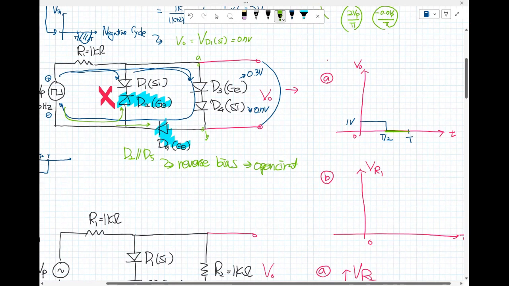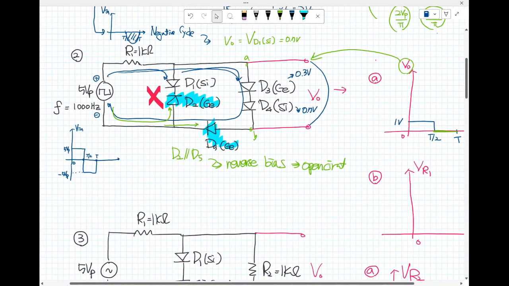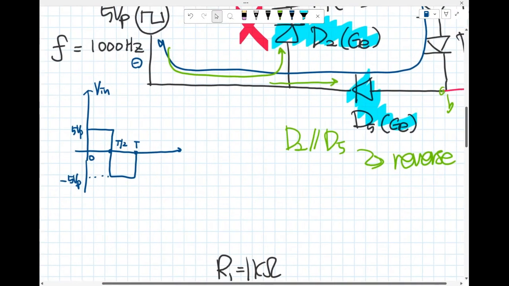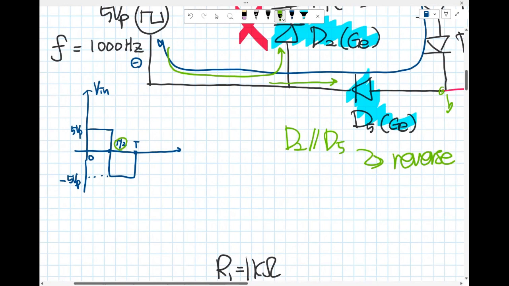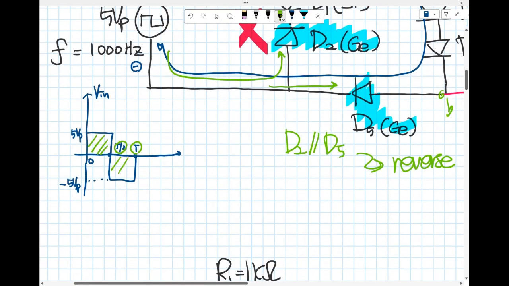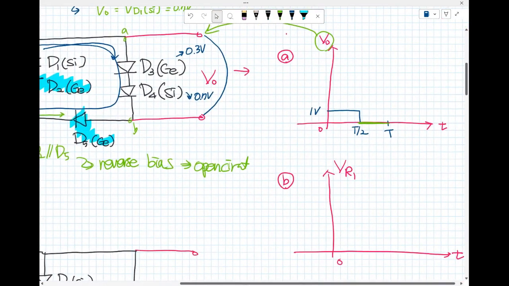So that was the answer for the V sub 0 here. Okay. Any questions? Okay. You have to classify the two parts from the input, the 0 to T/2, and T/2 to T. That is for the positive, like this one, and then the negative input, like this one. So it depends on the input. The positive or negative, you can get the 1 volt and 0 volt.